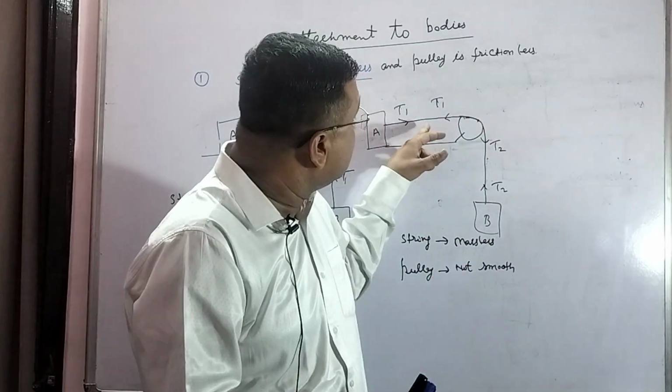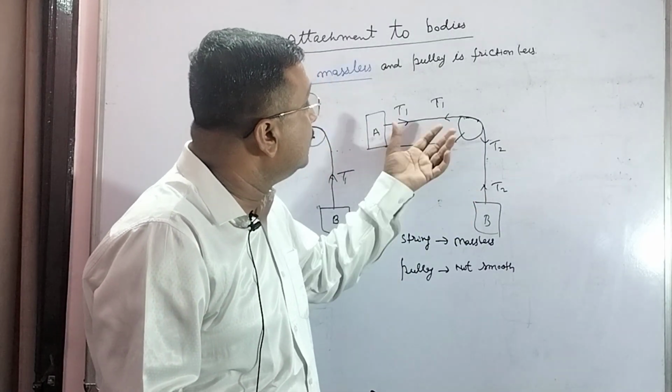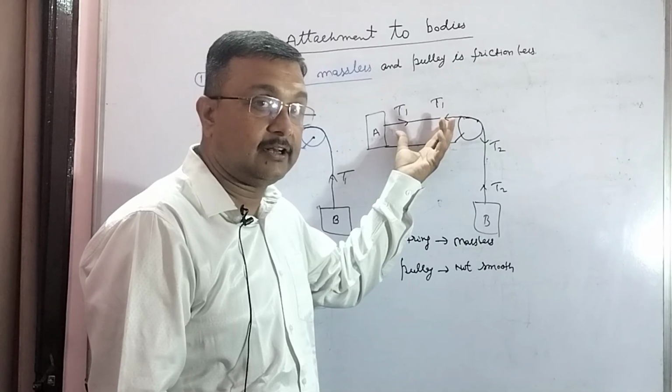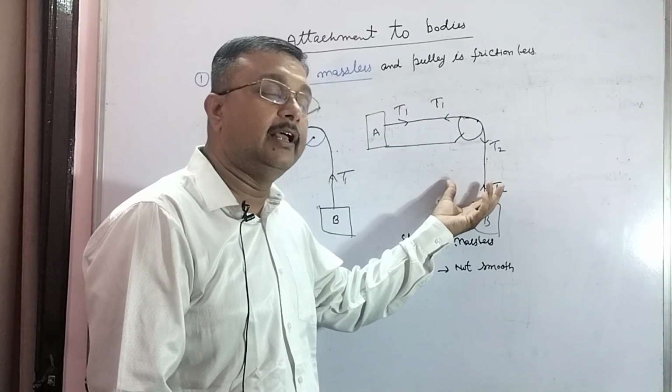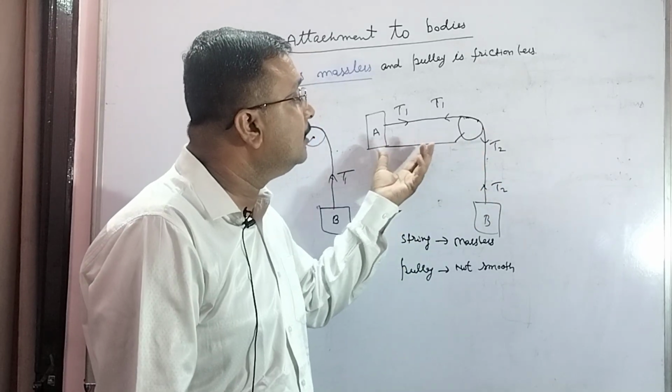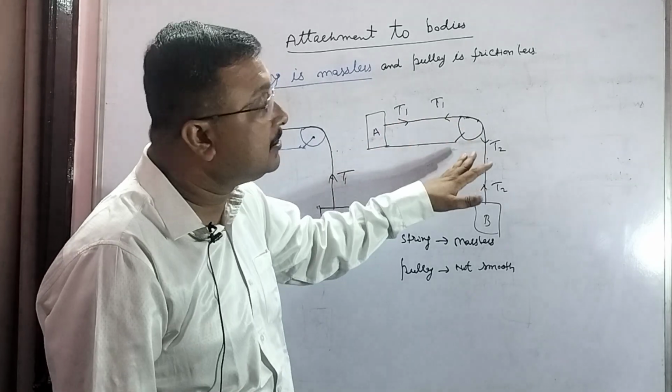Although the string is the same, it is being treated like this is another string and this is another string. We shall think like this, these are two different strings, but still the string is massless.